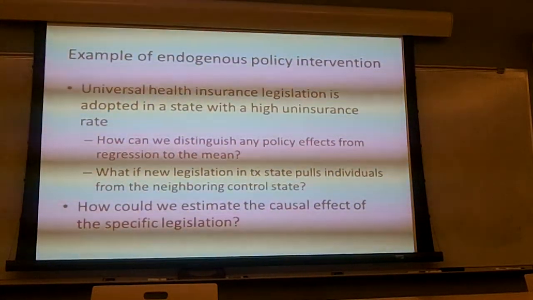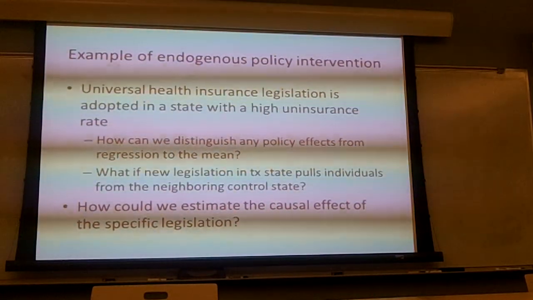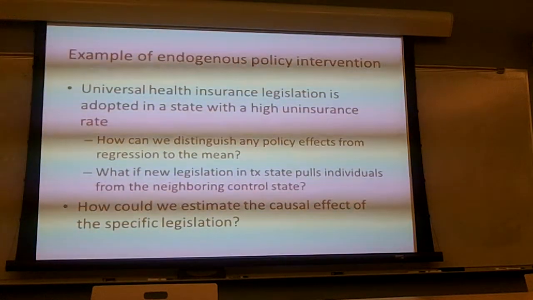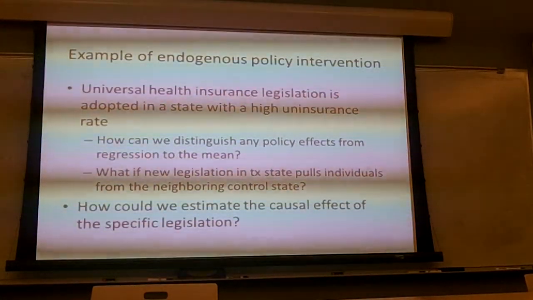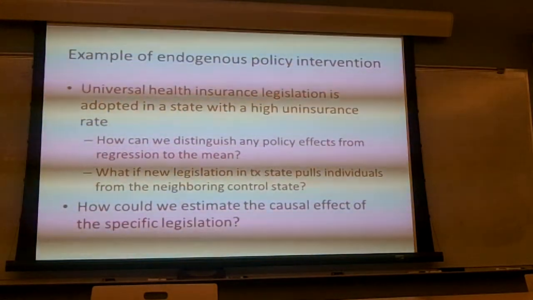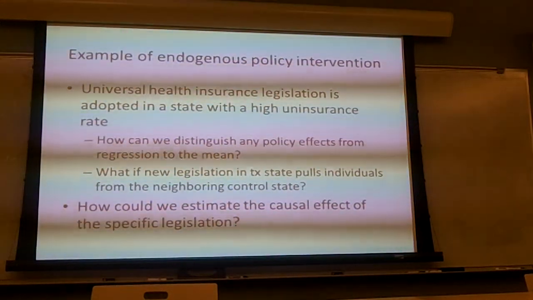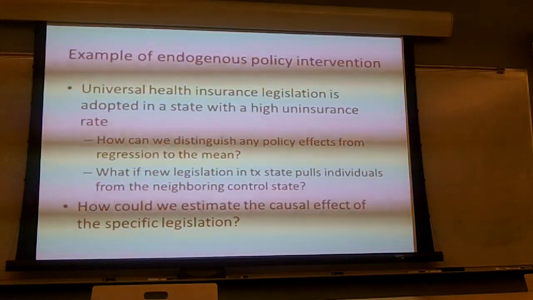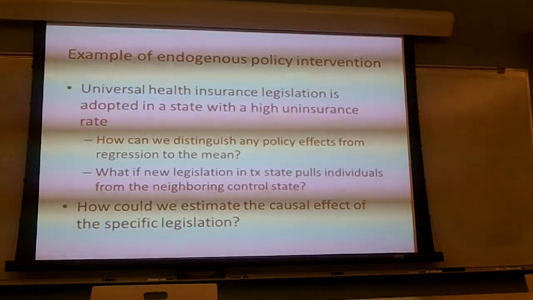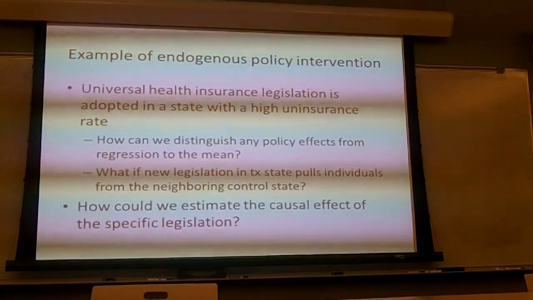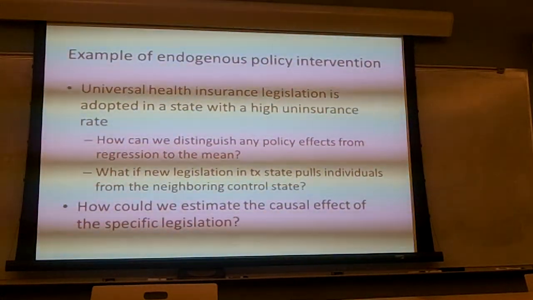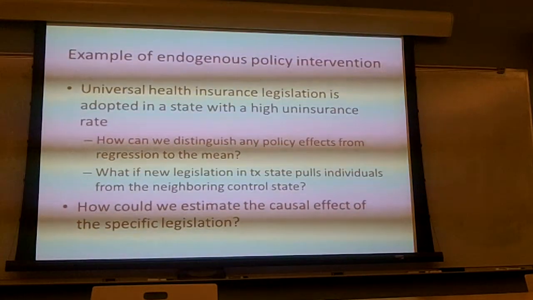This is somewhat dated now, in light of tobacco. How can we distinguish any policy effects from regression to the mean? I'll talk about regression to the mean in a second and what it means precisely. But how do we know that the adoption of this policy was timed with a drop in uninsurance rates, and that the drop wasn't actually attributable to other time-varying factors, like simply regression to the mean or changes in the population?